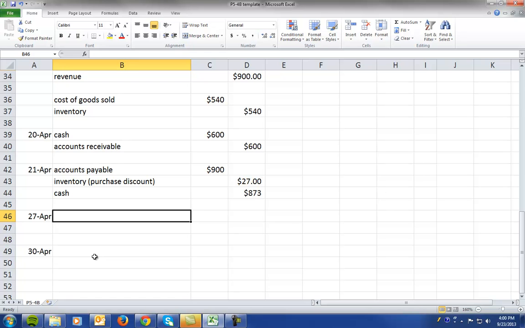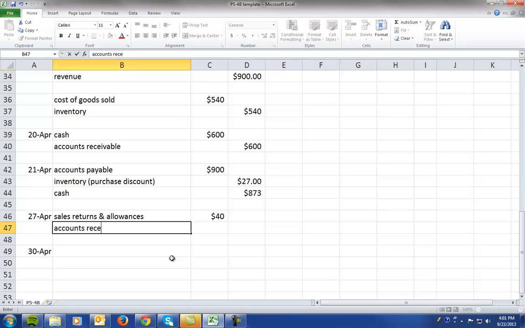Then on the 27th, it says they granted an allowance of $40 to members for tennis clothing that did not fit properly. So we have this account: sales returns and allowances. I'm going to debit that for $40. We want to credit accounts receivable for $40.